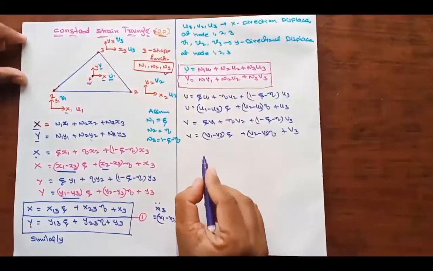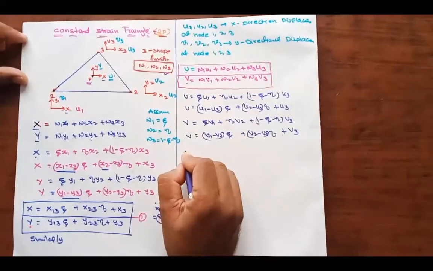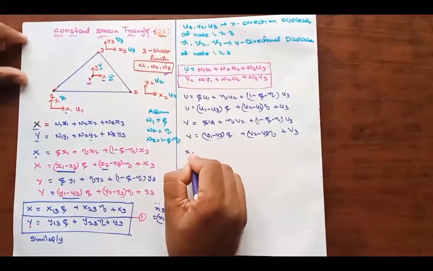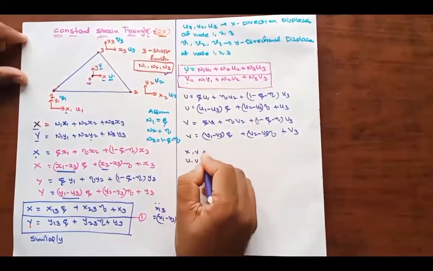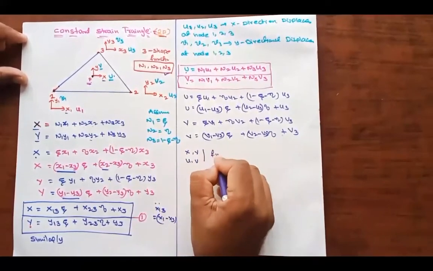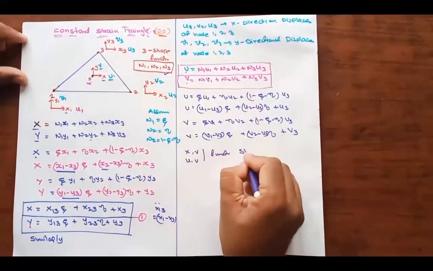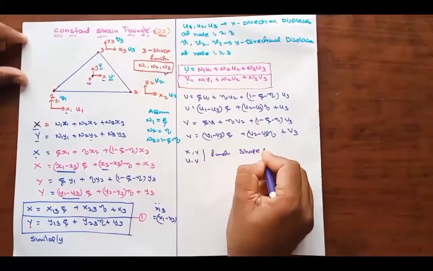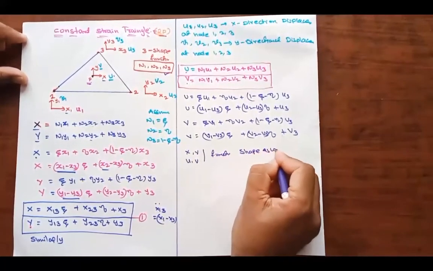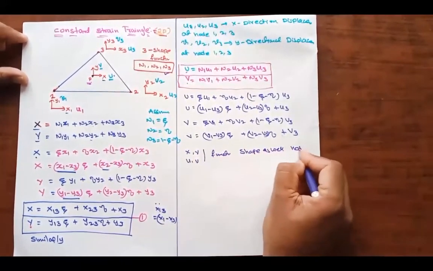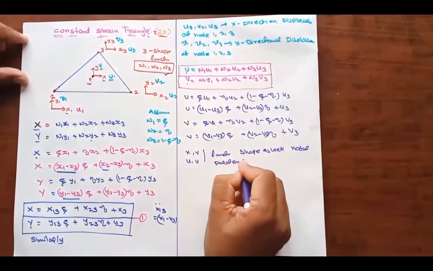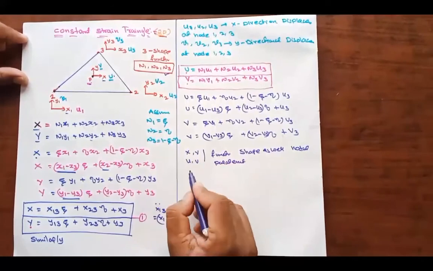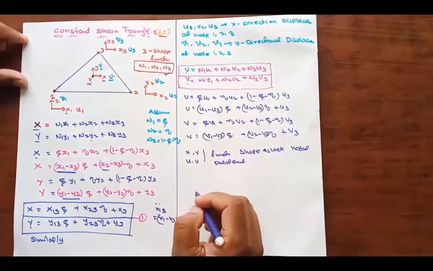So here, if you see, the x and y equations as well as u, v are both a function of the shape function as well as the nodal parameters. These two sets of equations give a similarity in nature.